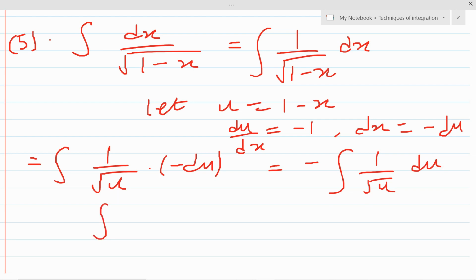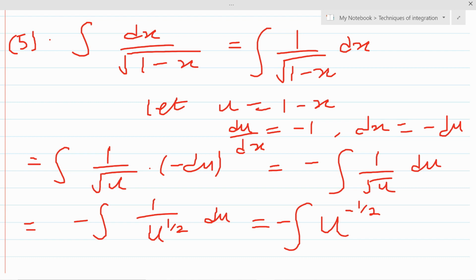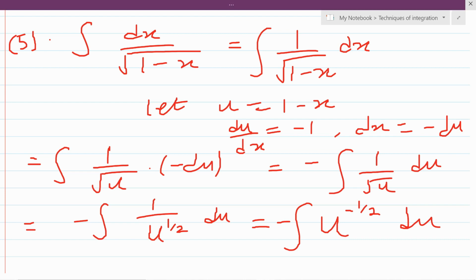But you know that square root of u is the same as u to the power half. And this from indices will give us, sorry, there's a minus here, negative integral of u to the negative half du. Okay, so this is what we are about to integrate. So let's clean and get some space and integrate it very fast.